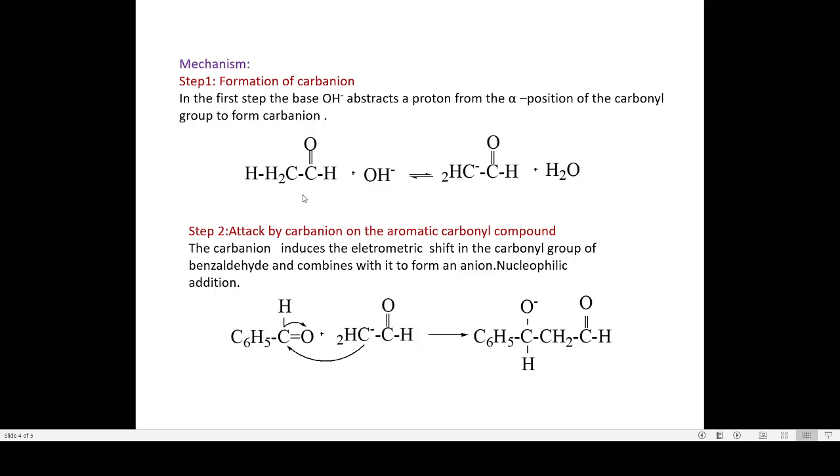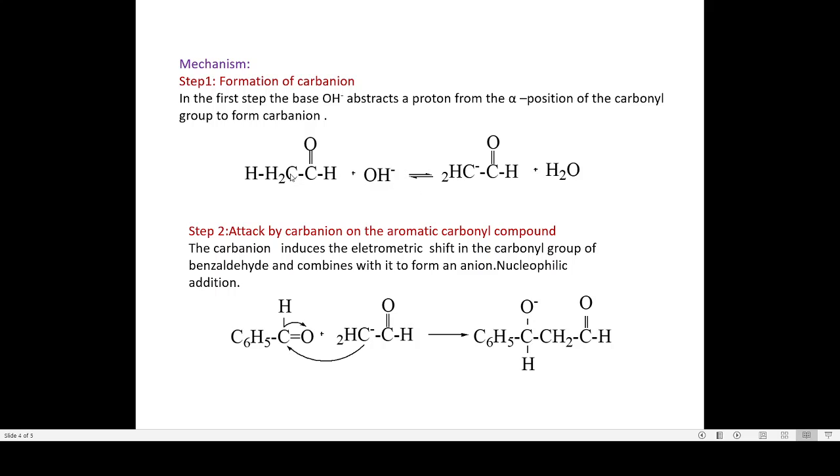In the first step, the aldehyde or ketone which has an alpha hydrogen atom participates to form the carbanion. In the presence of a base, the OH minus removes a proton, that is the alpha hydrogen, from the aldehyde or ketone, resulting in the formation of a carbanion.